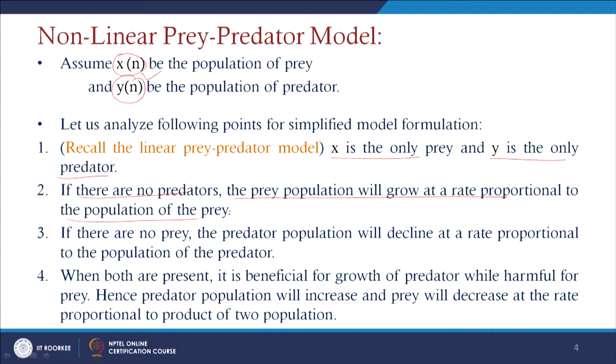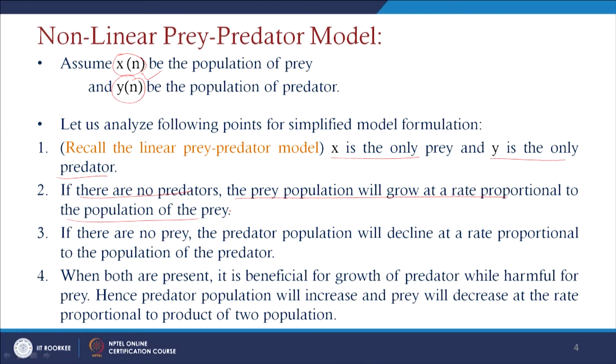Suppose a tiger and a deer are present, and we assume there are no tigers, then the deer can grow without limit if sufficient food is available. And if no prey exists, meaning no deer are present, then the predator population will also decline, since they will not find food and will die out.